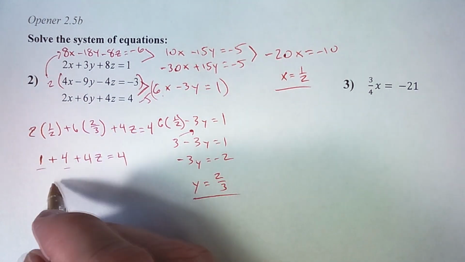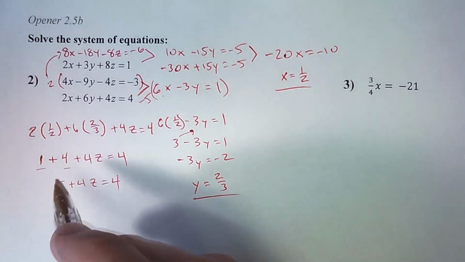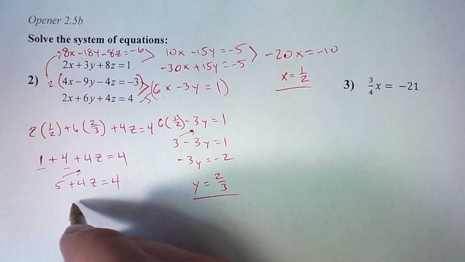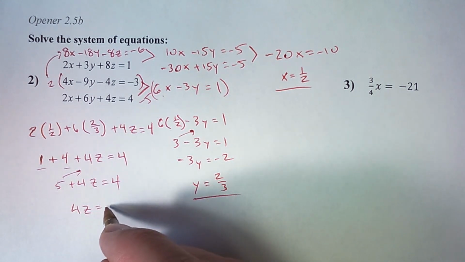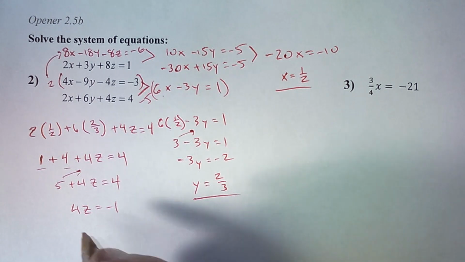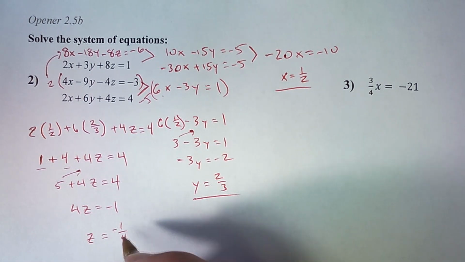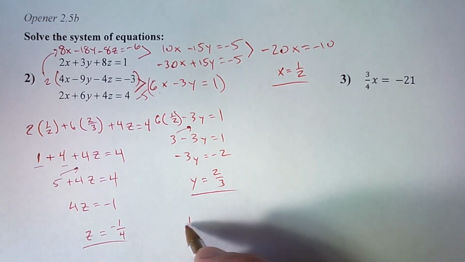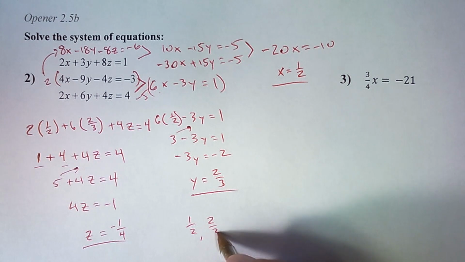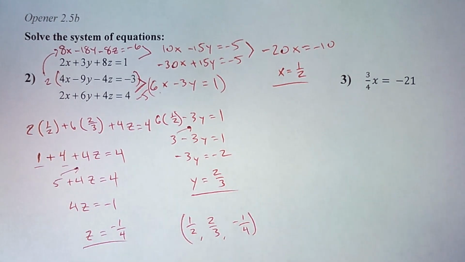My like terms give me 5 plus 4z equals 4. Subtract 5, 4z equals -1, and divide by 4, z is -1/4. So my solution set is 1/2, 2/3, -1/4.